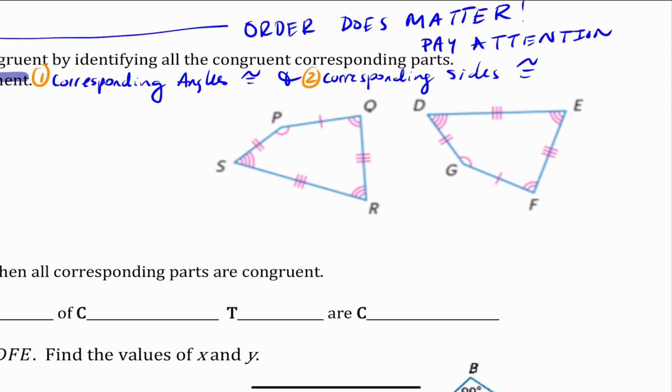It's to the point. A polygon is a plane figure with at least 3 straight sides and angles. So we have 1, 2, 3, 4. 1, 2, 3, 4. So it has at least 3 straight sides and also angles.